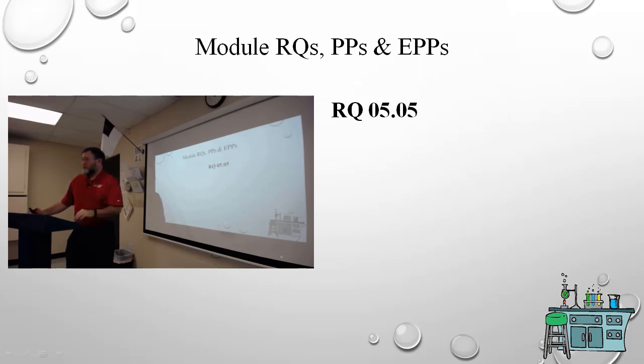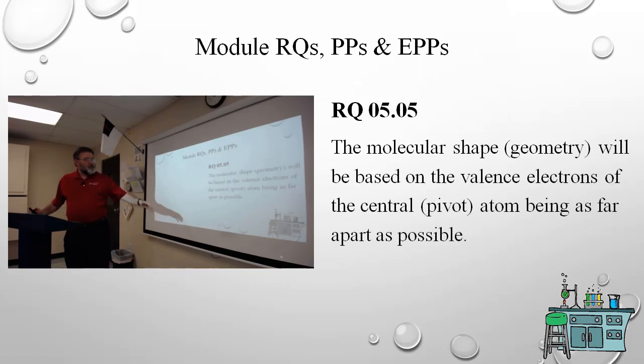It's a theory that states that molecules will create a shape and keep equidistant from the nucleus. Okay, what they're doing is pushing, not from the nucleus, but from each other. That's the key. The way I wrote it, a molecular shape, or the geometry, will be based on the valence electrons of the central, or I sometimes call it the pivot atom, and the electrons being as far apart as possible.